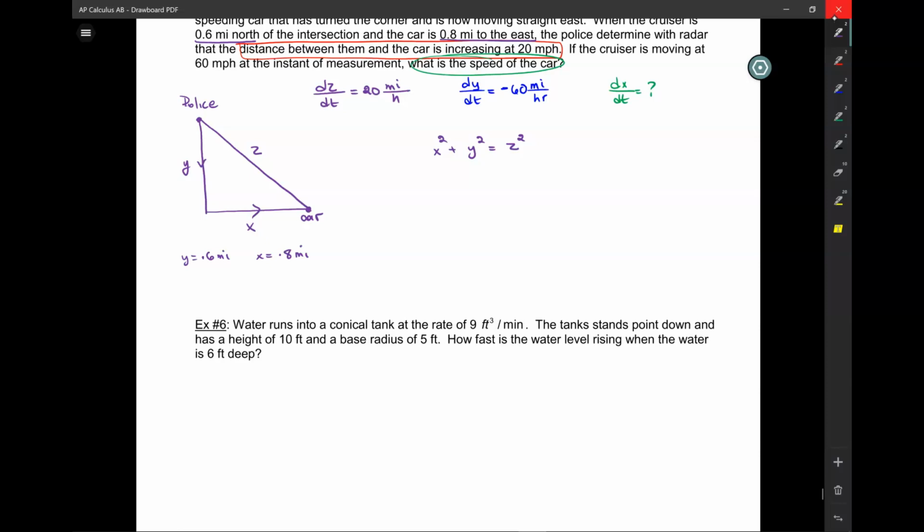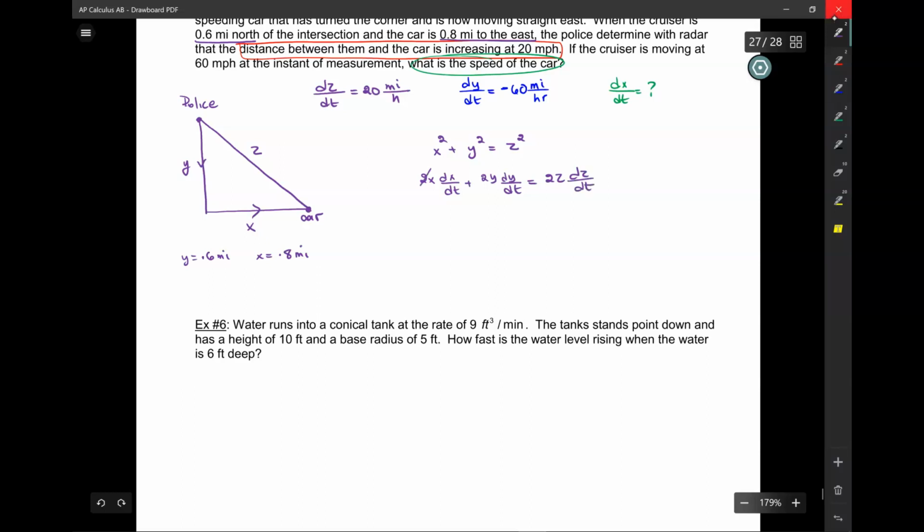No, y and x are changing, and so is z. So if there is no constant, don't put any numbers in just yet. Let's take a derivative: 2x dx/dt plus 2y dy/dt is equal to 2z dz/dt.